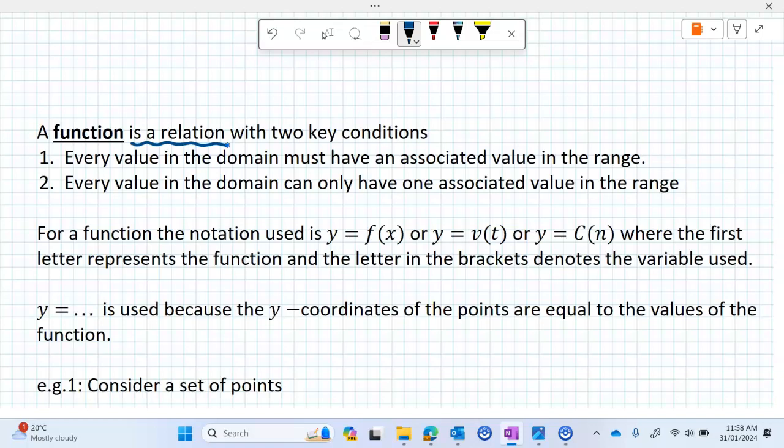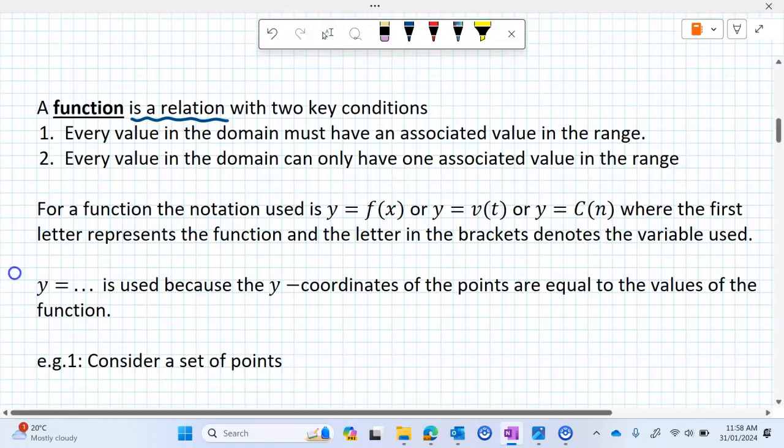In a lot of functions you would have seen up to now, that variable in the brackets would be x. But there'll be a lot of cases in the course where we use different variables, and so you're going to have to get used to that. And we say that y is equal to these functions because the y coordinate of the points are equal to the values of the function. Whatever the function equals at a particular point forms the y coordinate of that point.